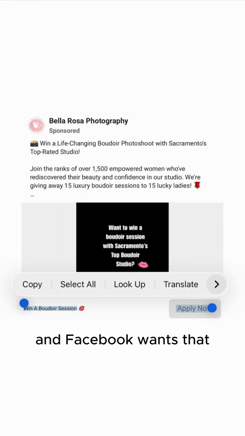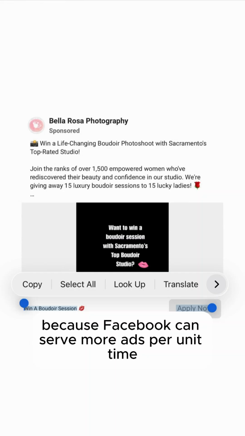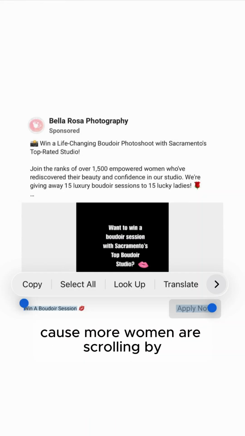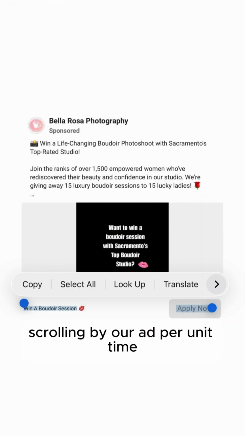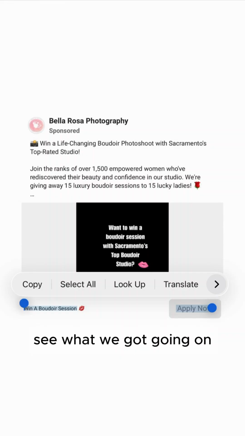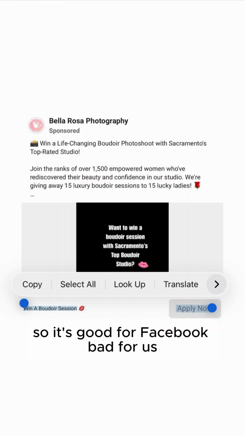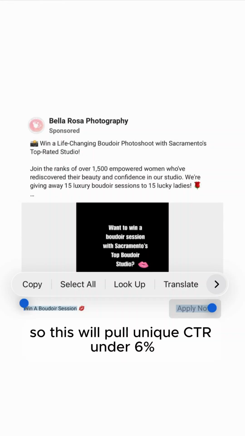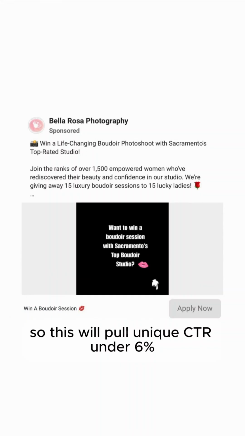And Facebook wants that because Facebook can serve more ads per unit time because more women are scrolling by our ad per unit time. They're not clicking in to read more, see what we got going on. So this is good for Facebook, bad for us. So this will pull unique CTR under 6%.